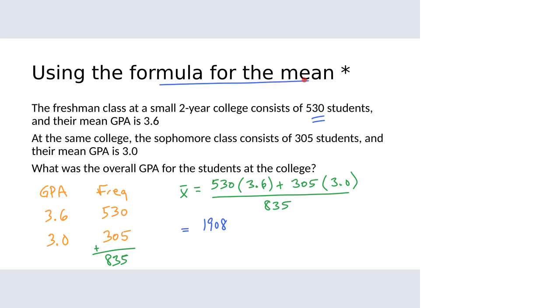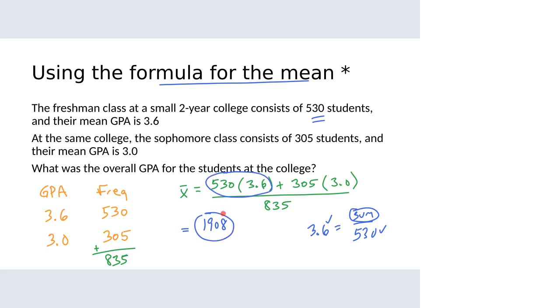Here again, we're using the formula for the mean, because the mean of their GPAs being 3.6, we don't know what the sum of their GPAs is, but we know there are 530 people involved. I lost my connection here just for a second. Okay, there we go. We know there are 530 people involved. So when we multiply these two things together, that gives us the sum of their GPAs. And that's exactly what we've done here.